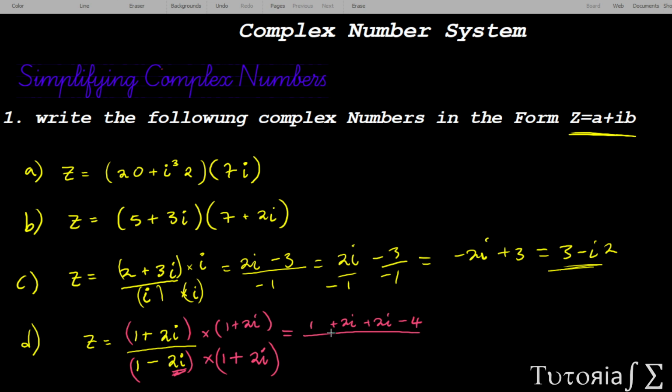But I want you to show the steps. Then this one at the bottom here will just be 1 plus 2. So this simplifies to, on top we have negative 3, then plus 4i, then divide by 2.